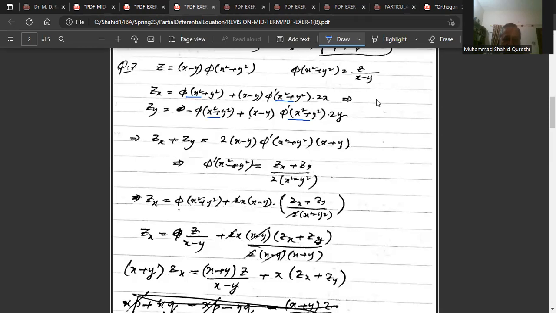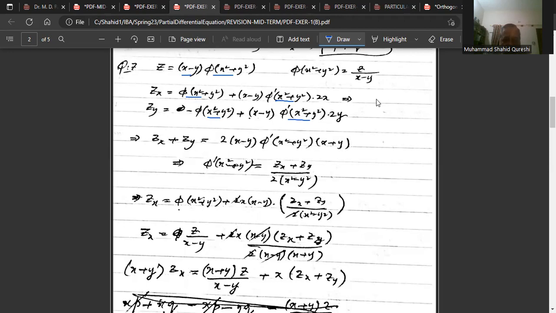And you see that here, the arbitrary function and its derivative are both involved because it's a product. The arbitrary function is involved in a product. So when you add these two, this term cancels out, and you are left with phi prime.